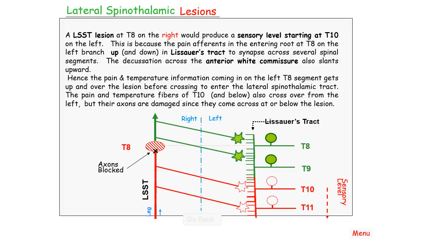The unique effect of spinothalamic tract lesions in the spinal cord is demonstrated here in that a lesion at T8 on the right would produce a sensory level starting at T10 on the left.